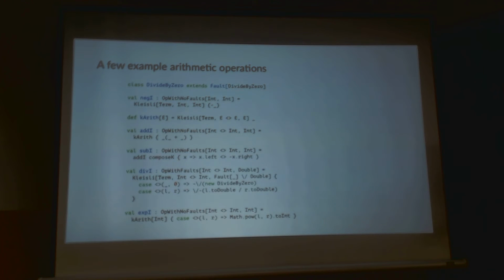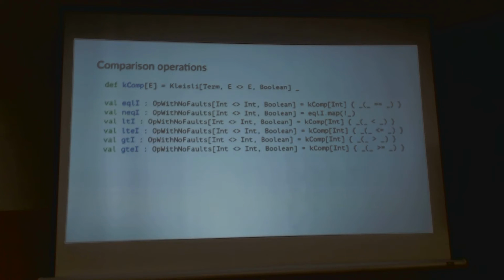So that tells it which disjunction side this value is on. And then we have an exponential operator down there. And same thing goes for comparison operators. You can define comparison operations.